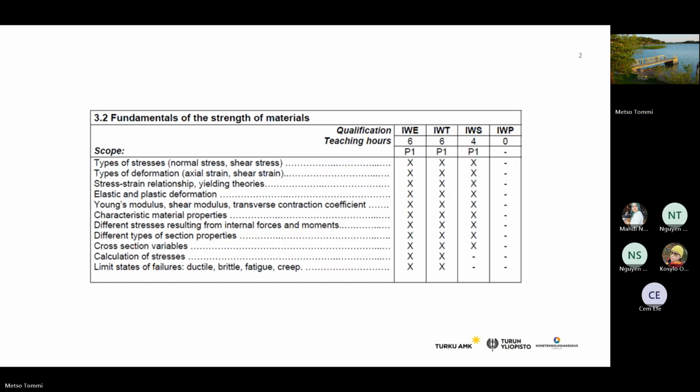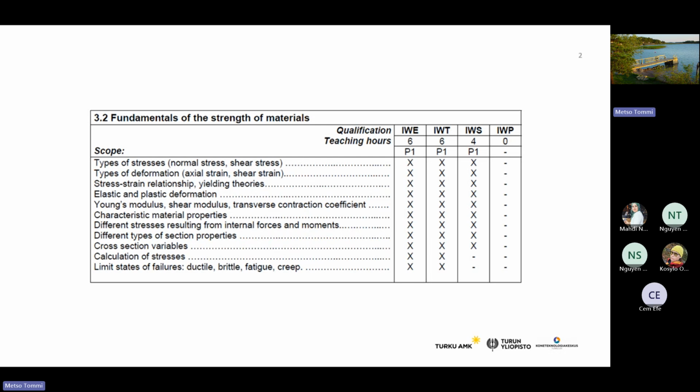Okay. And this material is from the International Welding Engineer course, but I have selected the parts that are suitable for you.